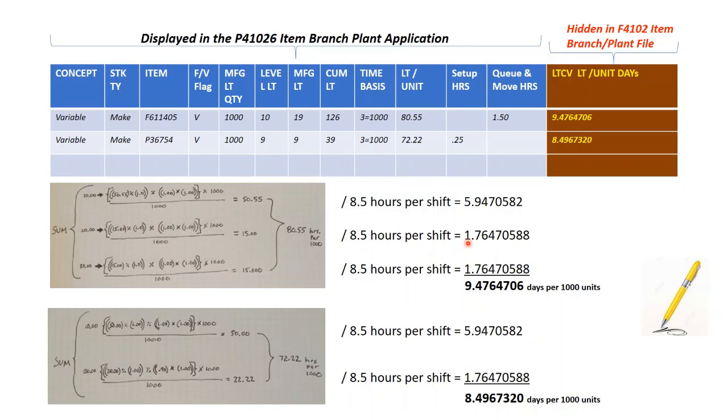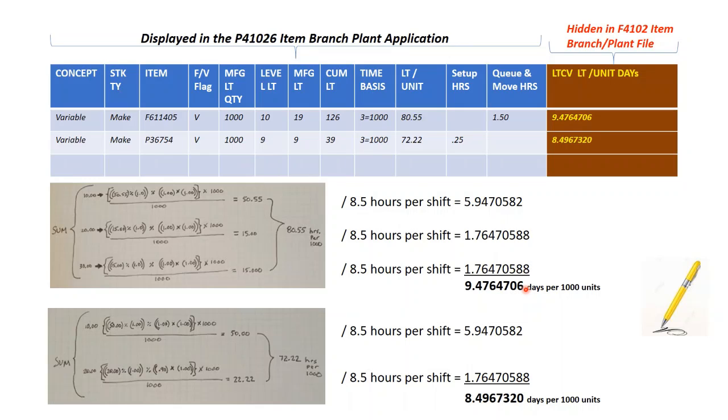There, another day and 3/4 is needed, and another day and 3/4 is needed at the last operation. When converting the lead time per unit to a day's value, the sum of all those equals 9.4764706 days per 1,000 units.